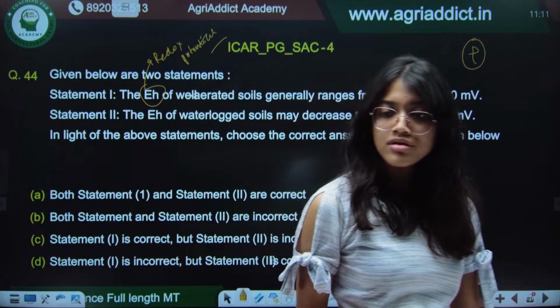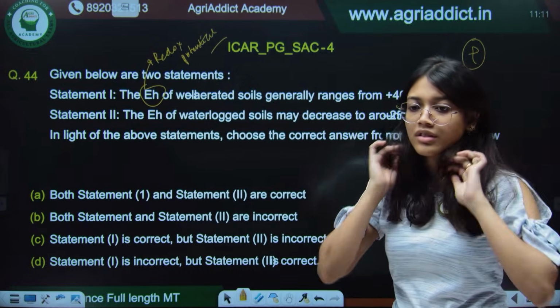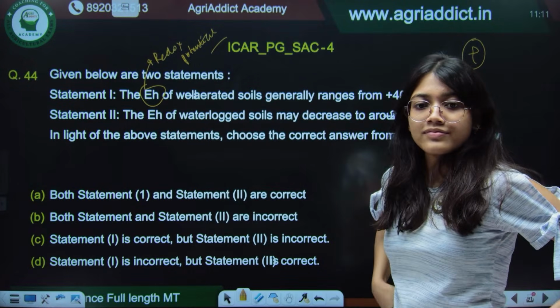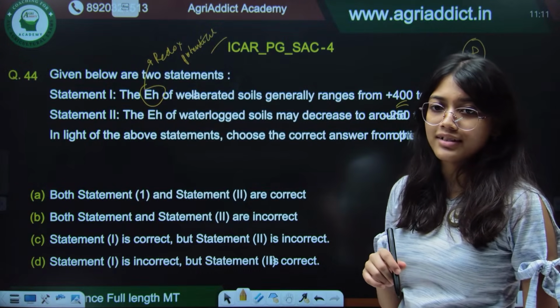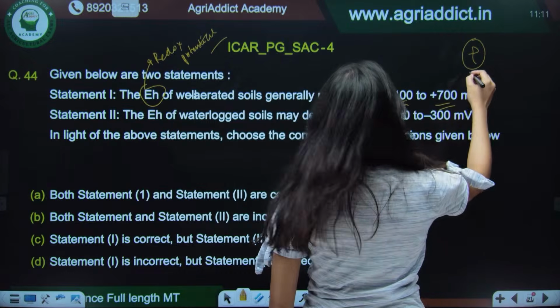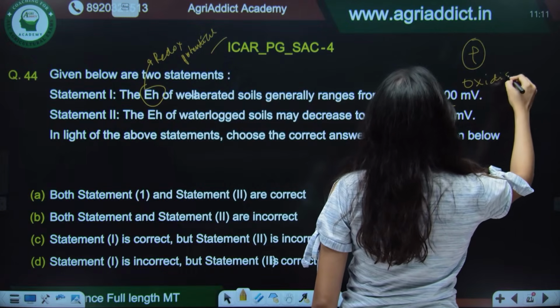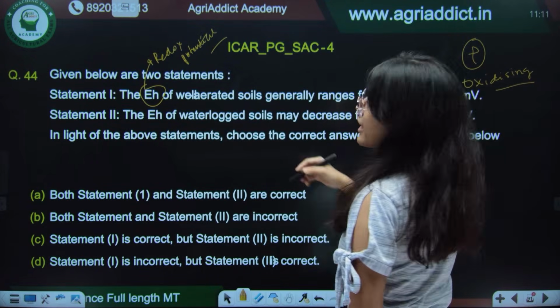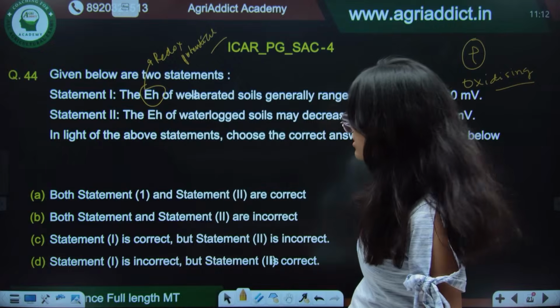Comment in the chat box. Whenever it is positive, we will have oxidizing conditions. So, it is true. Well aerated soil means enough oxygen is present.